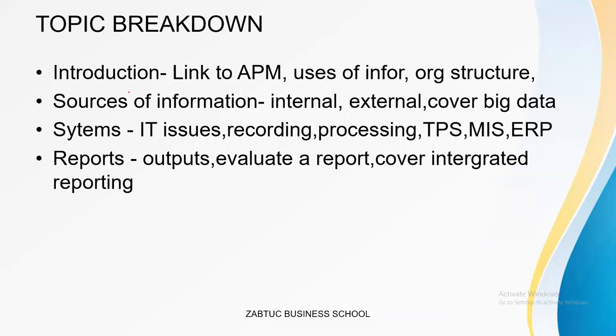Topic breakdown: introduction, the link to APM, uses of information, and the issue of structure. Sources of information, internal, external, and we must cover the concept of big data also.